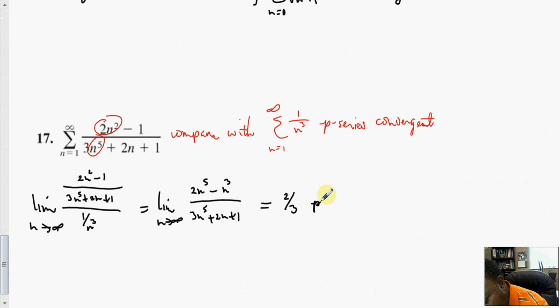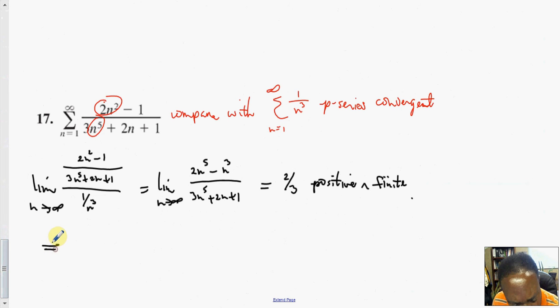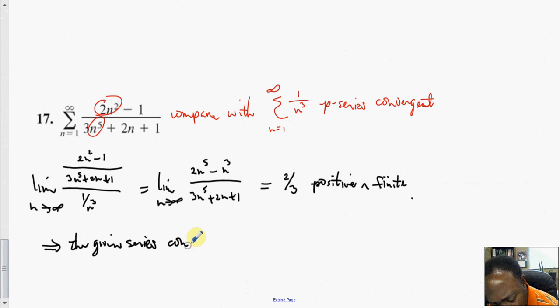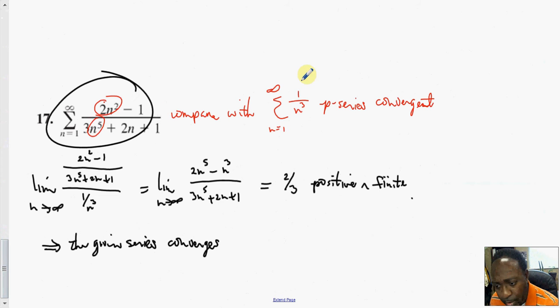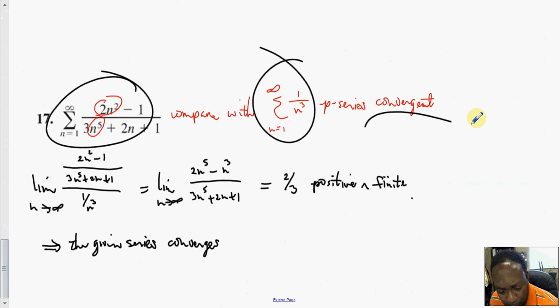The key here is that this number is positive and finite. So this implies that the given series converges because we're comparing it to a known convergent series.